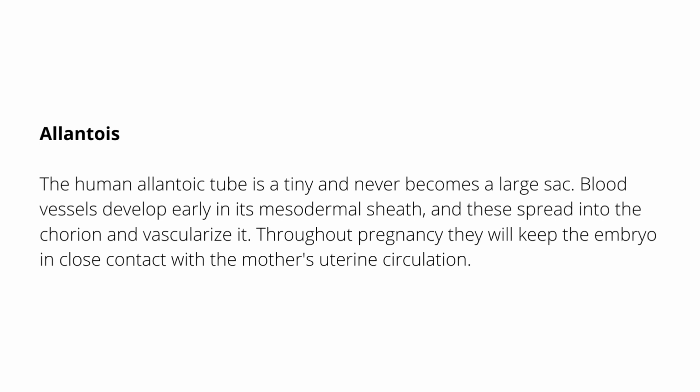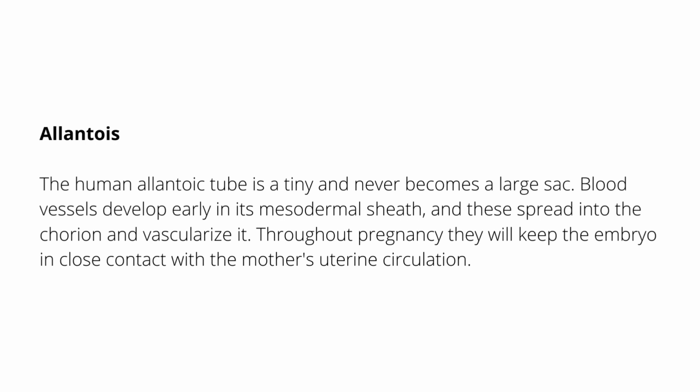Let's go to the allantois. The allantois is a tube of endoderm that grows out of the early yolk sac in the region that soon becomes the hindgut. The tube extends into a bridge of mesoderm that connects the embryo with the chorion and will become incorporated into the umbilical cord.